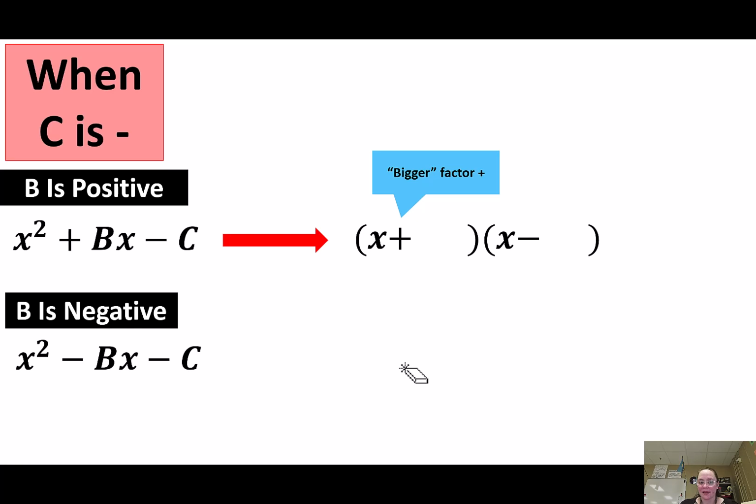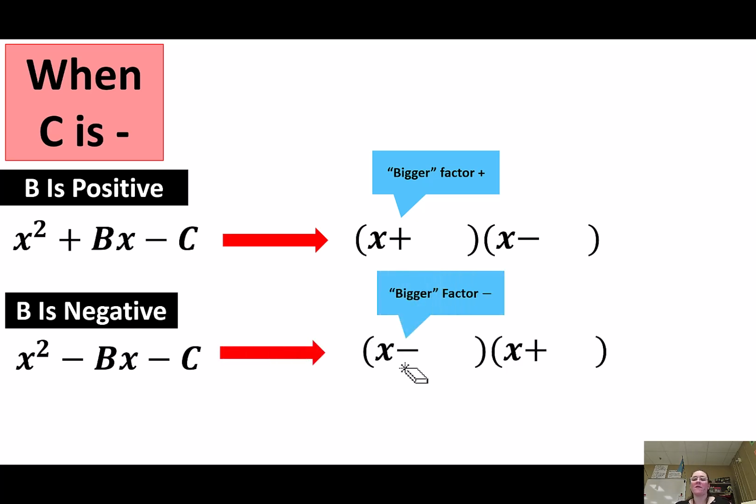If b is negative and c is negative, then my bigger factor will be negative. So when b is positive and c is negative, my bigger factor is positive. When b is negative and c is negative, my bigger factor is negative.